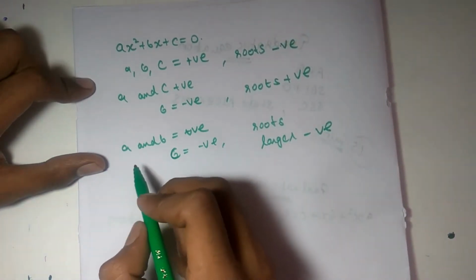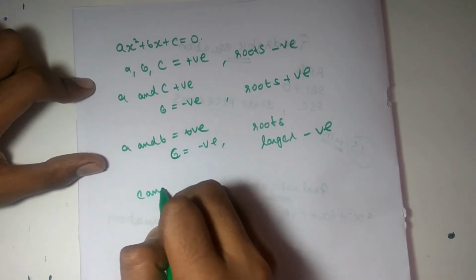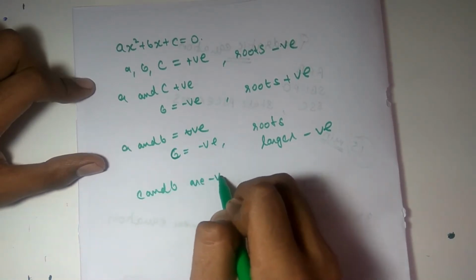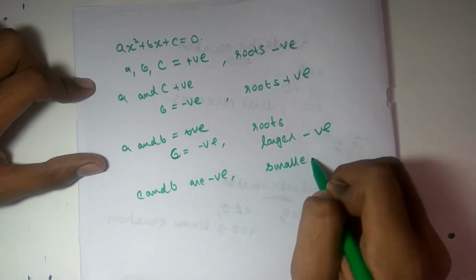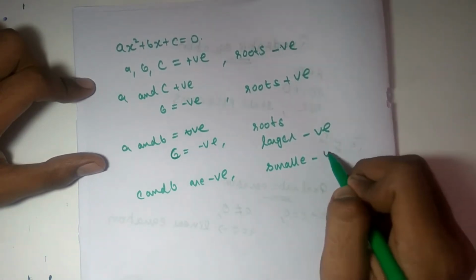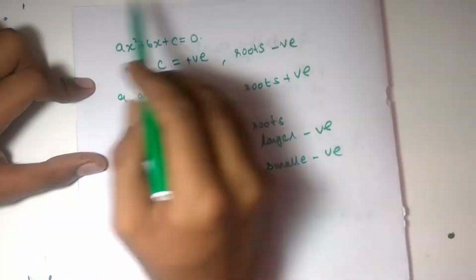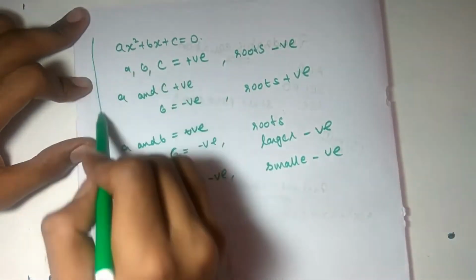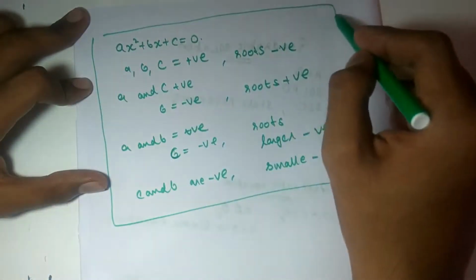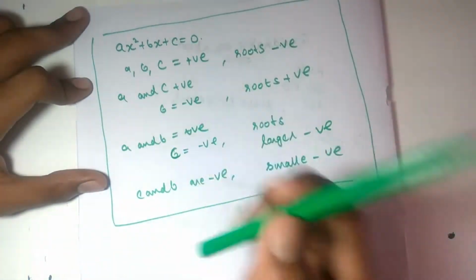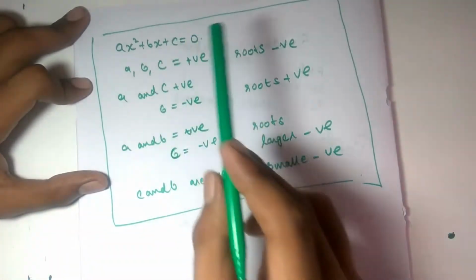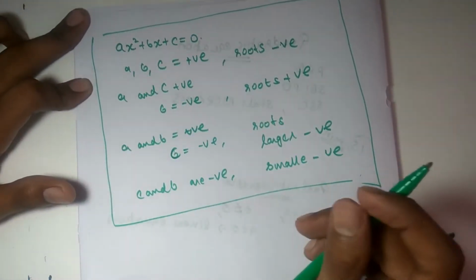And last, when c and b are negative, out of the two roots, the smaller root would be negative. So this is an important concept which you have to either learn by heart or just understand. We will be using it in our following problems.